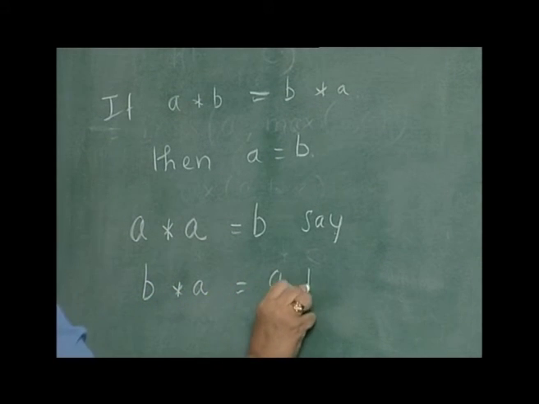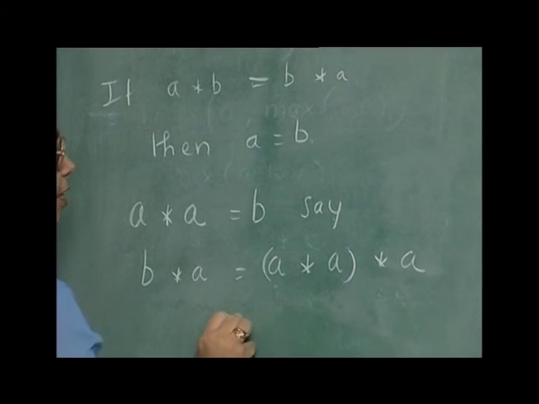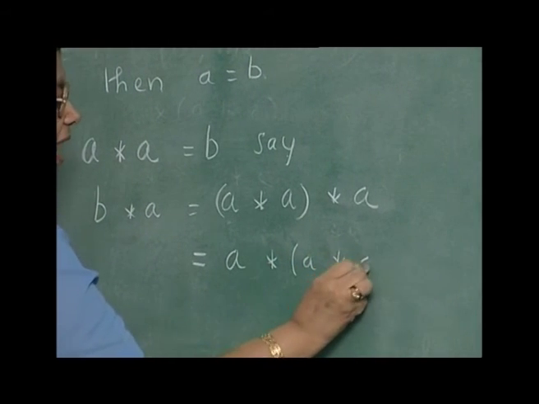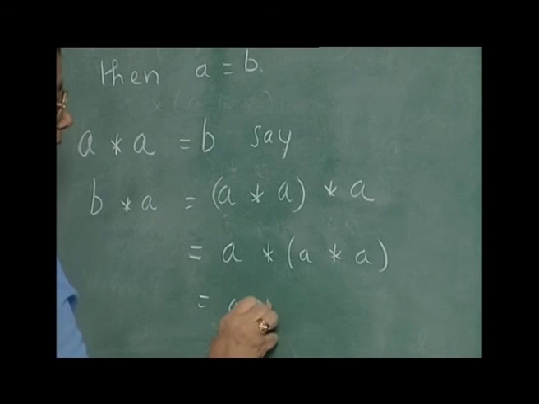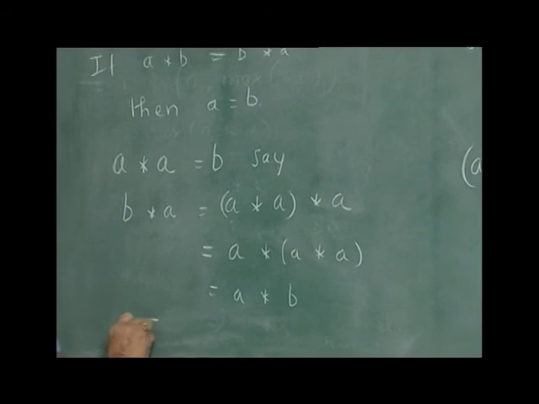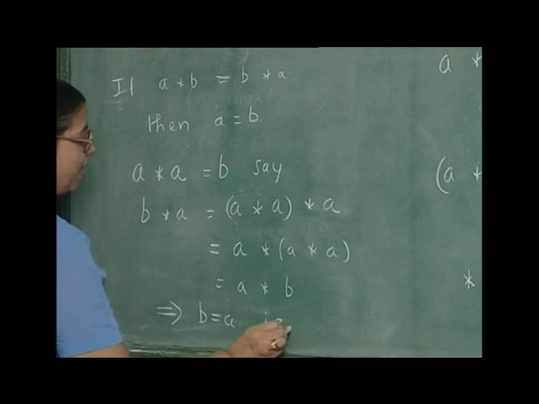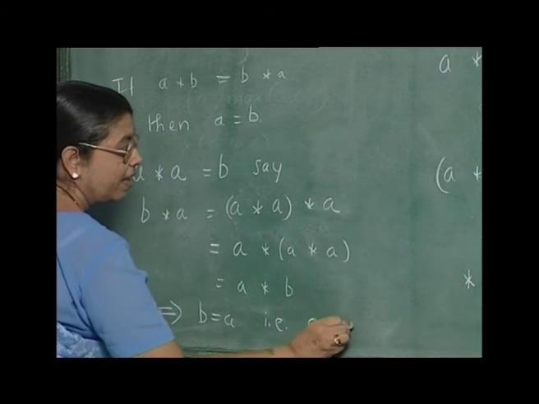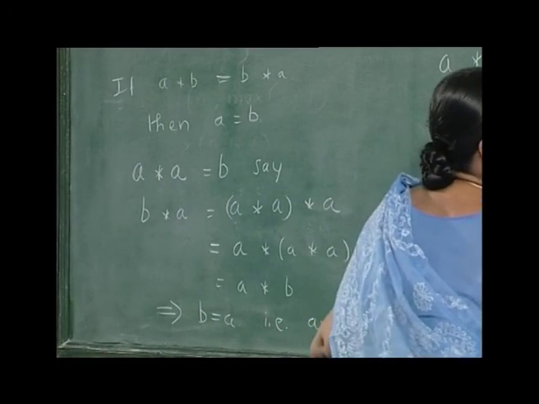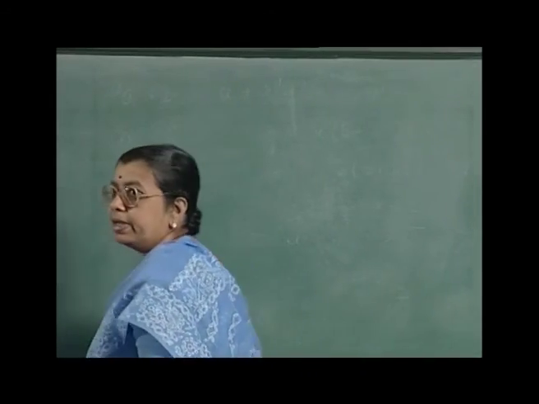B star A is A star A star A, and because of associativity you can write it as A star A, that is equal to A star B. So, you have B star A equal to A star B, which implies B is equal to A, that is A star A is equal to A. In a similar manner, we can prove 2 and 3 also, second part and the third part.